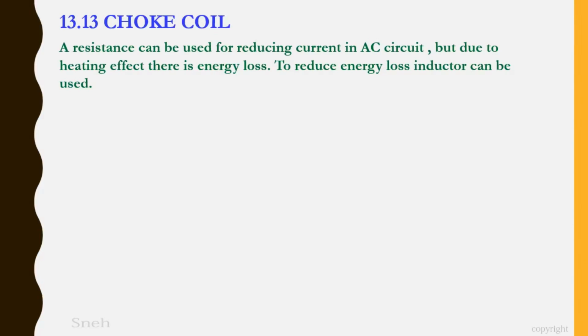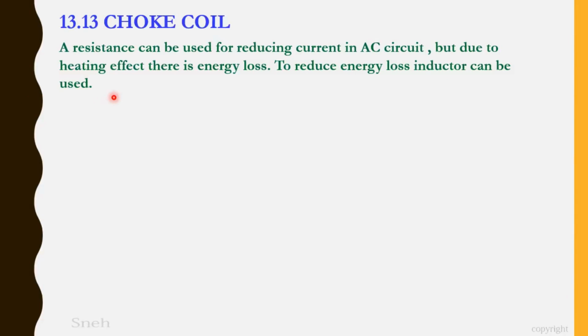When we are using that resistance in the circuit, as the current increases in the circuit, a heating effect is observed, which is associated with that resistance. And due to this heating effect, there is energy loss. To reduce this energy loss, an inductor can be used. So I say that resistance can be replaced by an inductor.